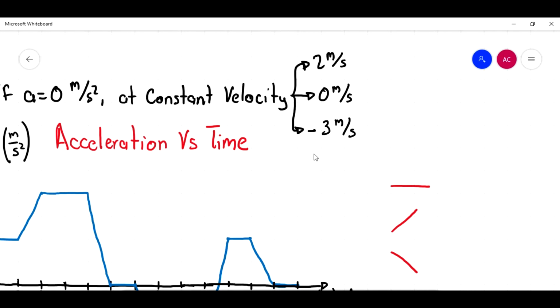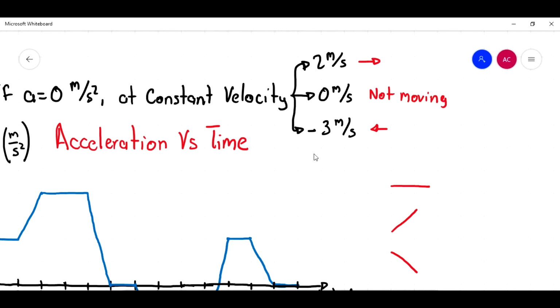If the velocity is positive, the car is moving forward. If the velocity is 0, it's not moving at all. And if the velocity is negative, the car is moving backwards. Remember that the velocity is a vector.